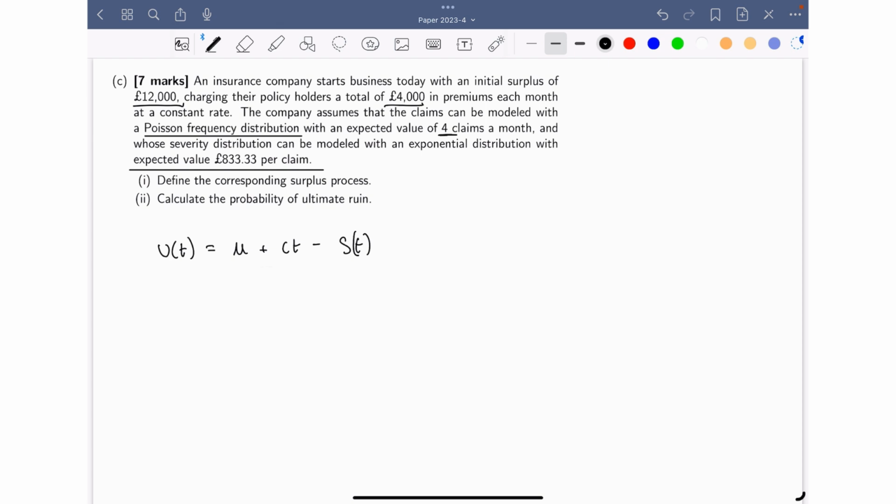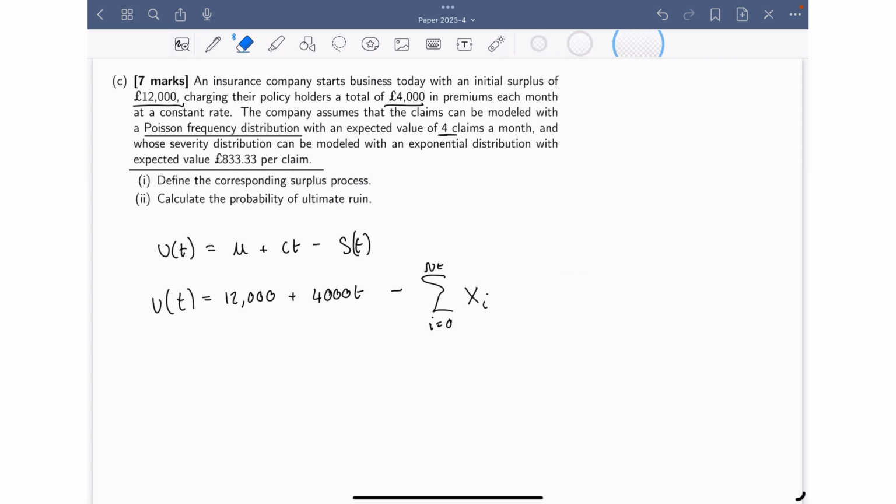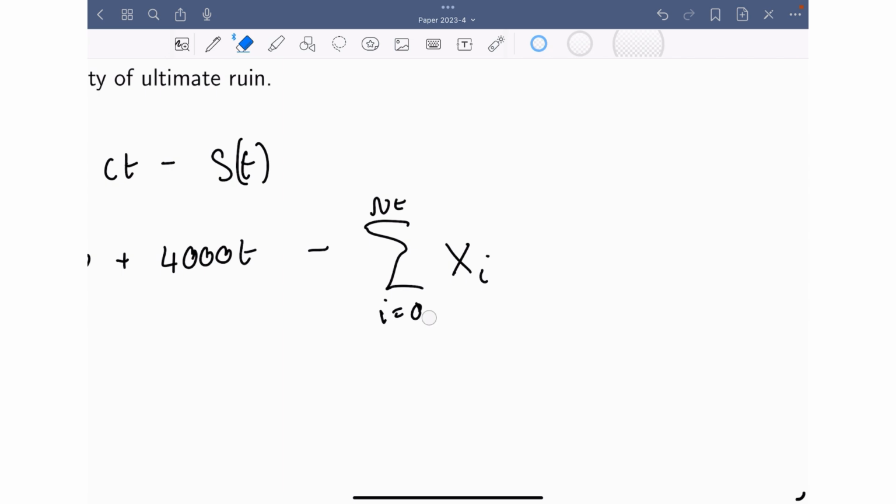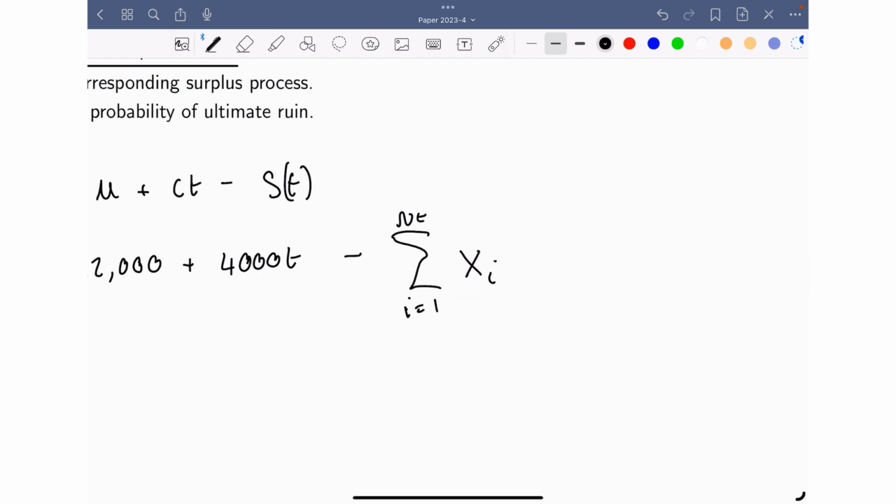So if we're going to define the corresponding surplus process, we're going to have U(t) equal to 12,000 plus 4,000t for our premium, and then minus the sum up to N(t), starting at 0, of Xi, or, that's going to be 0 at 0, so let's say starting at 1.